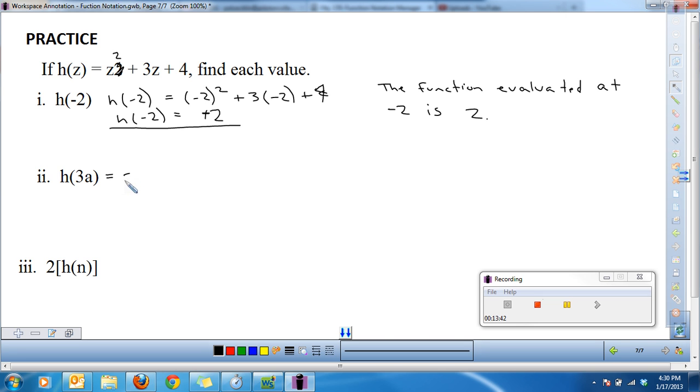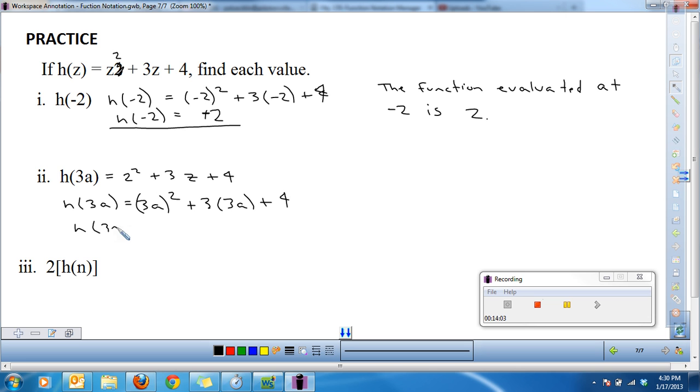Alright, on our second example, we should have substituted a 3a in. So if our function originally was z squared plus 3z plus 4, we should have said, okay, h of 3a is going to be 3a squared plus 3 times 3a plus 4.